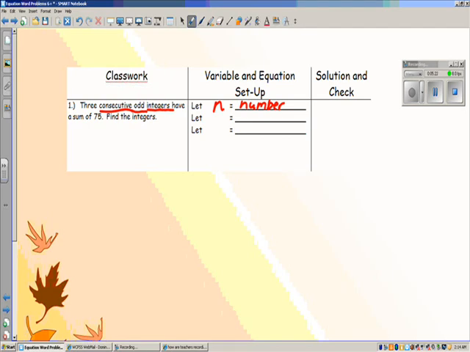Well, you'd add 2, right? If your odd number is 1, to get to your next consecutive odd number, you would need to add 2. 1 plus 2 equals 3. So 1 is our odd number, 3 would be the next consecutive odd number. So you would take your number and add 2 to it to get your second number.